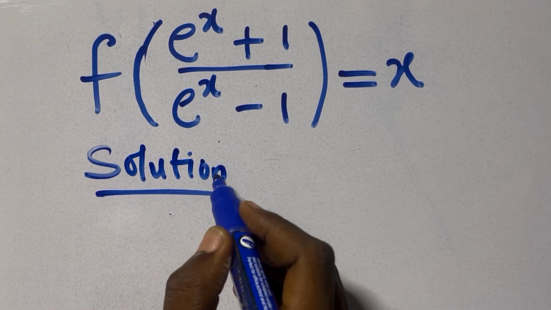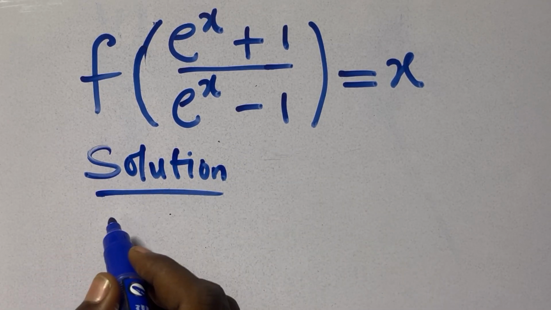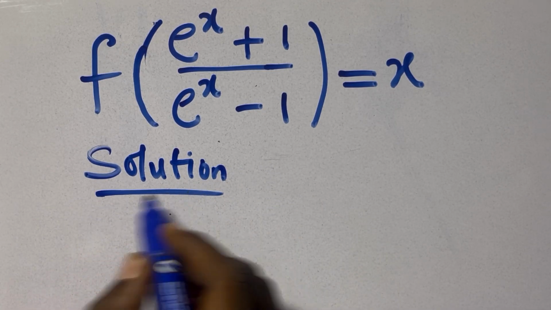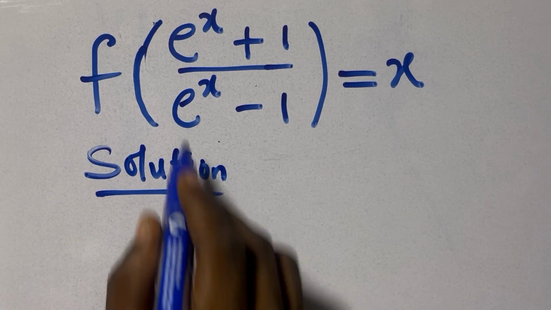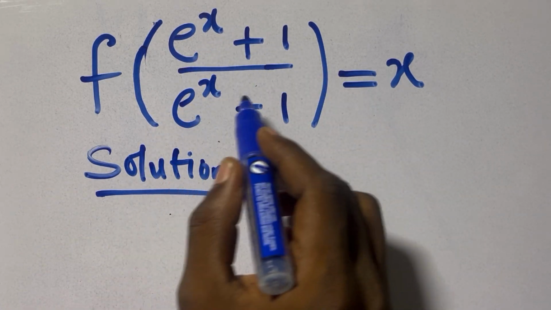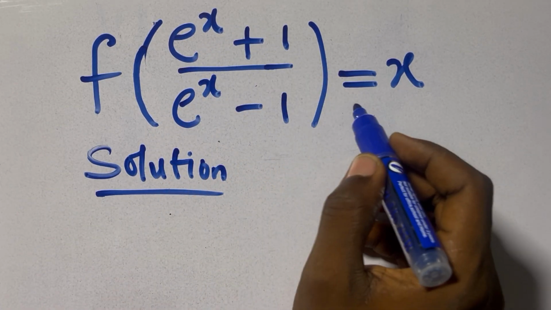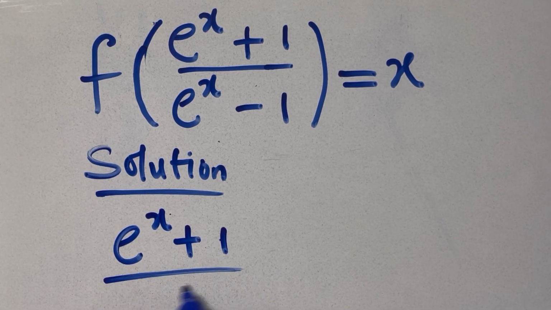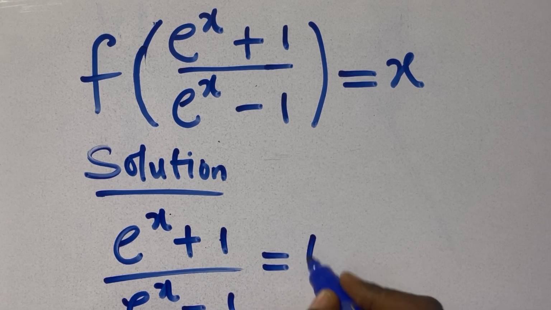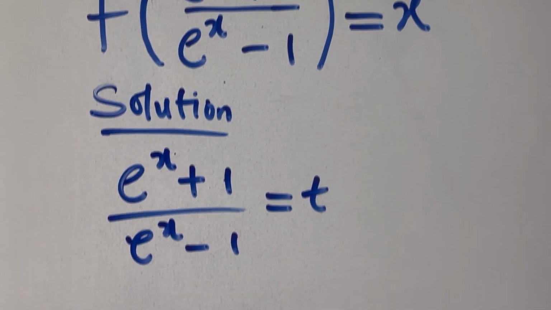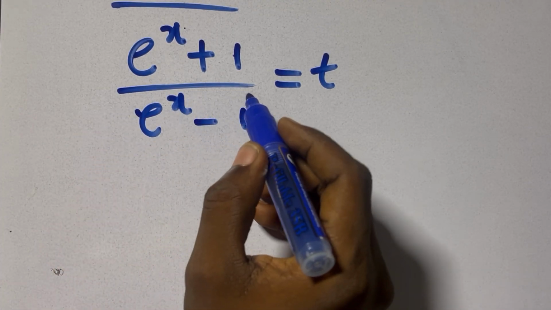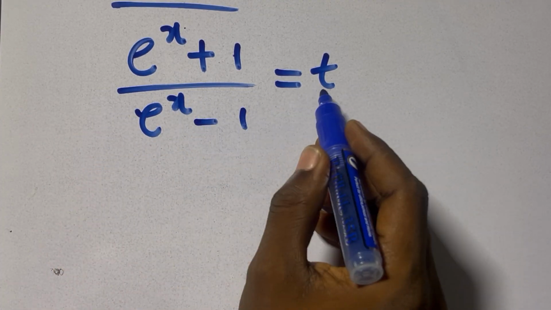For this particular function, we'll be using the substitution method, and the first step we are going to take is to let this whole (eˣ + 1)/(eˣ − 1) be t. So we have (eˣ + 1)/(eˣ − 1) = t. From here, what we're going to do next is to solve for x in terms of t.